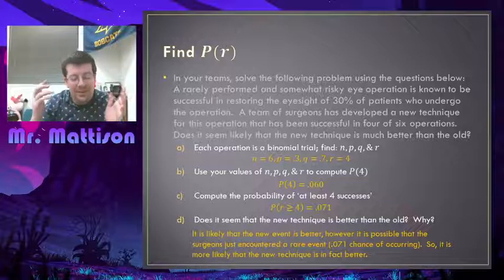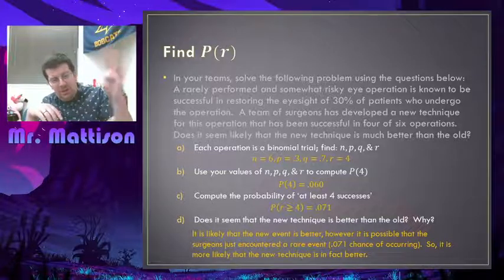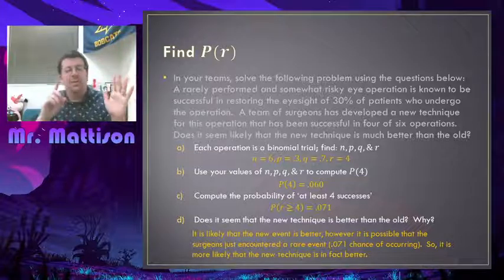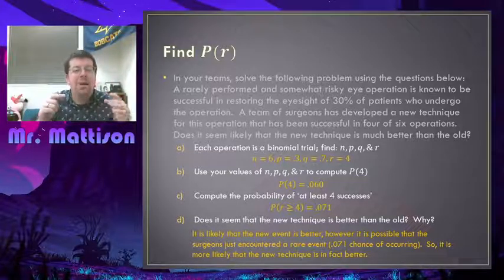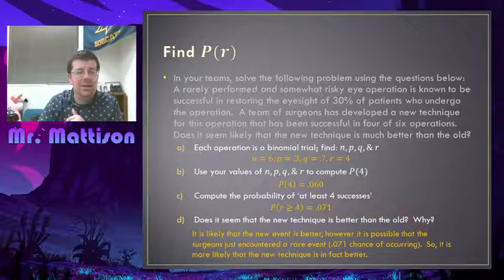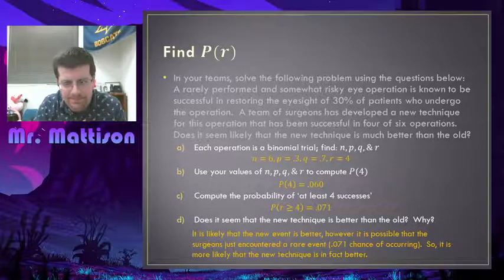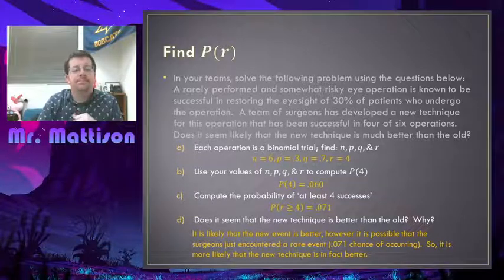So if I add up my probability of 4, my probability of 5, and my probability of 6, that's my probability of getting at least 4 successes, and that ends up being 0.071. Okay? So this is the kind of result we want.